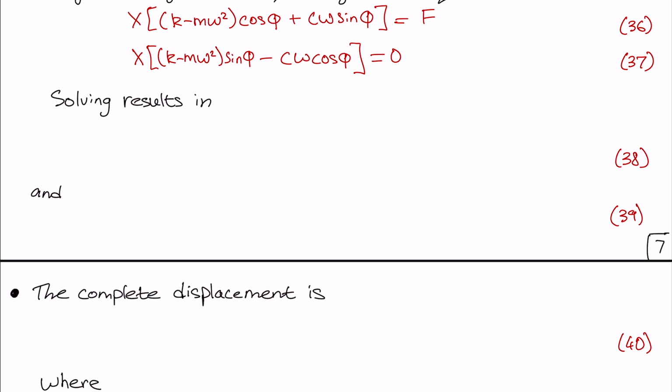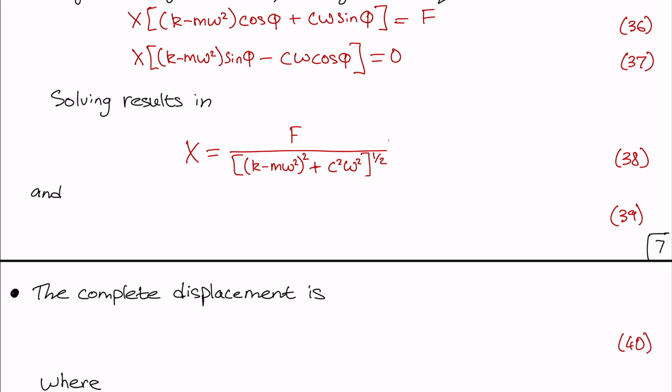So for big X, we're going to get that this is equal to a fraction with F in the numerator, and the denominator we're going to have a big square root, and inside the square root we're going to have k minus m omega squared, this quantity squared, plus c squared omega squared, and this square bracket is raised to the 1/2 power such that it's a giant square root.